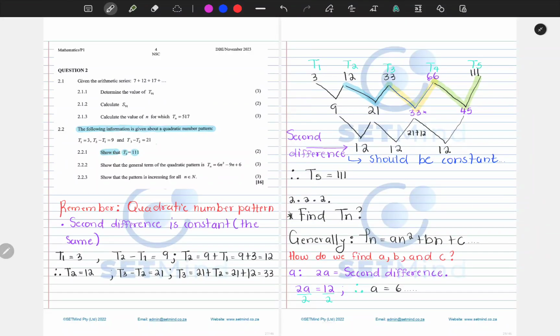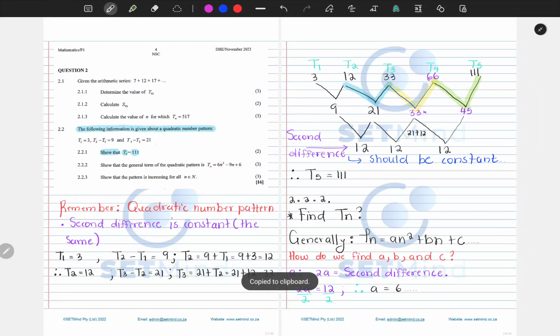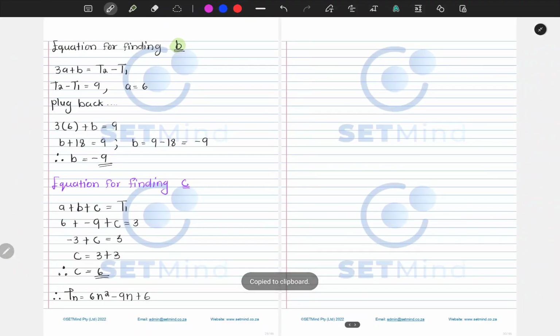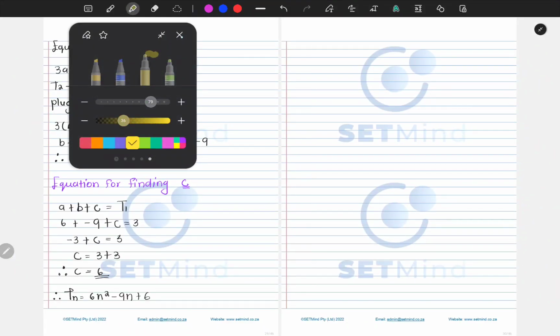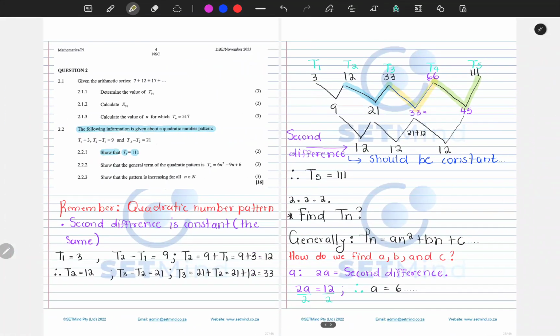So now let's go ahead and do the very last question, which is question 2.2.3. Make sure that these equations you do note down because they are very important: the equation for finding b, the equation for finding c, and also the equation for finding a.